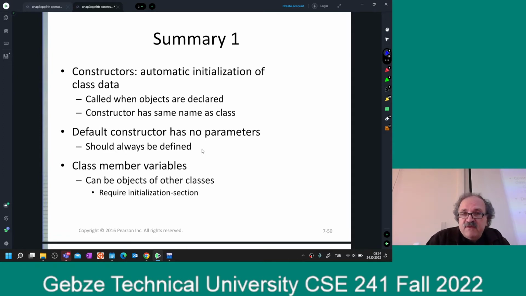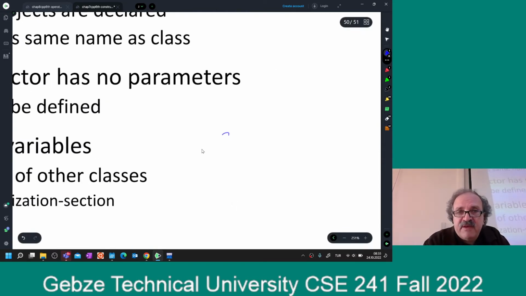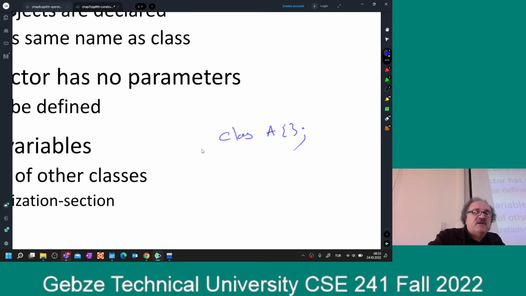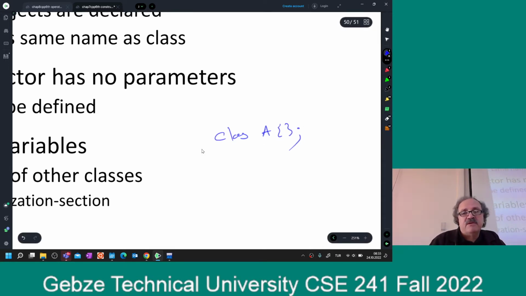If you don't remember my favorite class, class A, there is a default constructor in it. That's why I can say things like this.